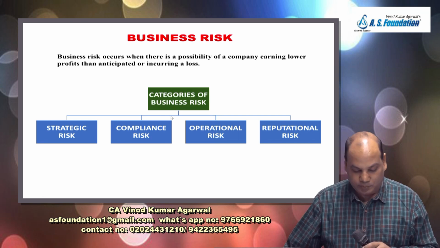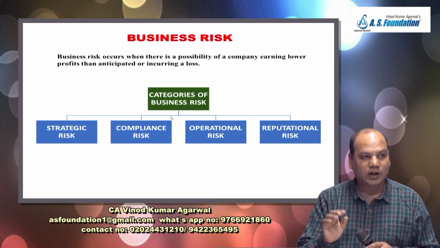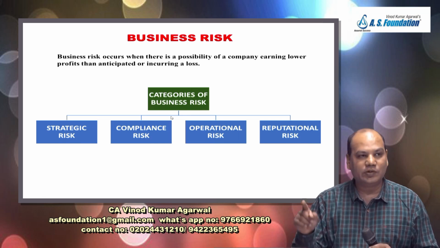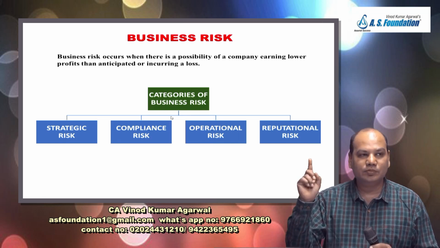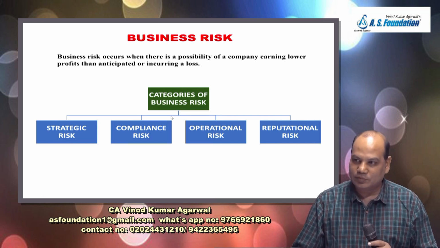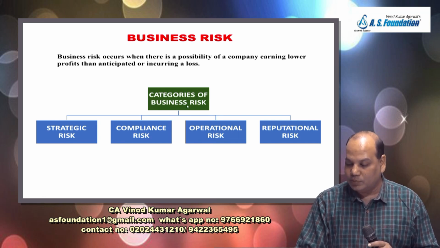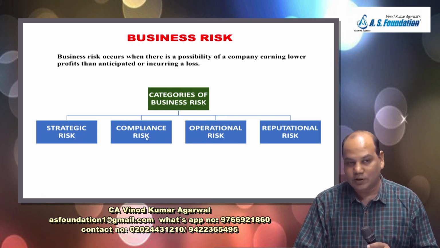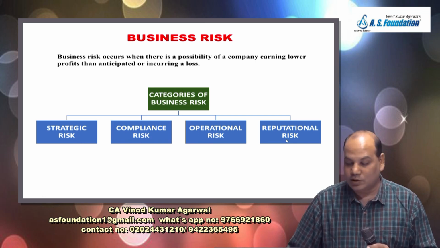Now, categories of business risk. We will divide our discussion into 4 parts. The same thing is there in the risk management chapter also in SFM. So categories of business risk will be strategic risk. We'll discuss compliance risk, operational risk, and reputational risk.